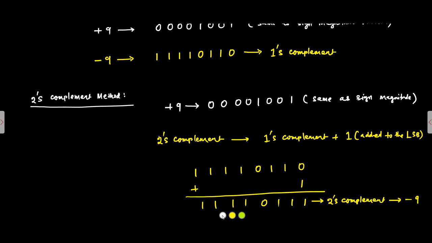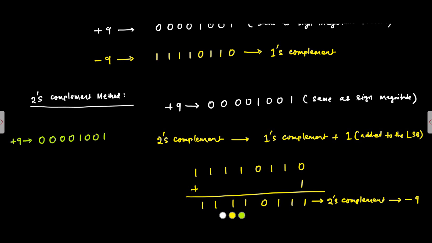Now there is also a shortcut method to determine the 2s complement. First we'll have plus 9, which is 0, 0, 0, 0, 1, 0, 0, 1.